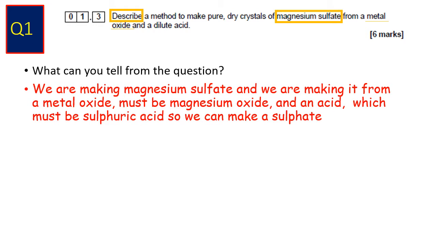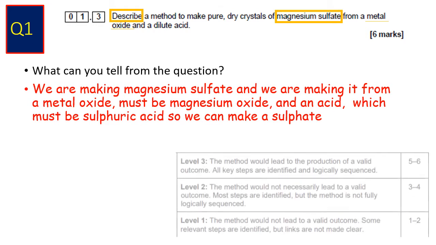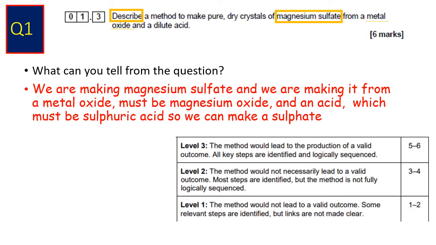Now, when dealing with these 6-mark questions, you need to be aware that they are levelled. So for a level 1, to get 1 or 2 marks, the method won't necessarily work, but there are some relevant steps identified, but it's not necessarily very clearly logically laid out. Level 2, you might not have the perfect method, so maybe you pick the wrong chemicals, but if most steps are identified in the process, you could get yourself 4 marks.